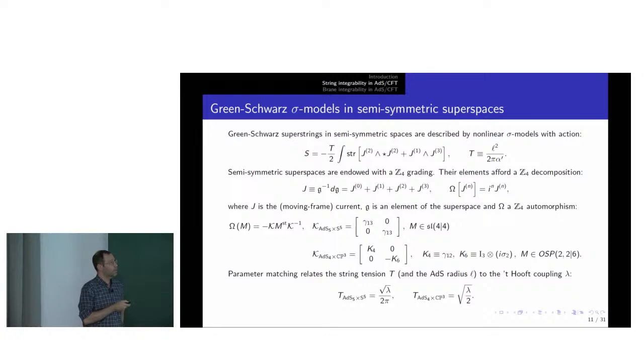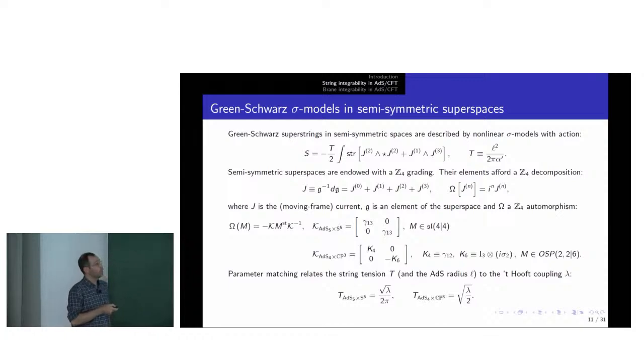So the semi-symmetric cosets are spaces which have a subset which is invariant under a discrete Z4 automorphism, omega.